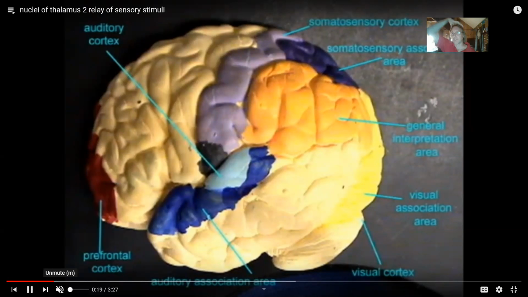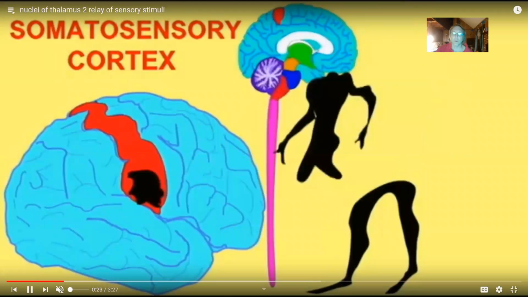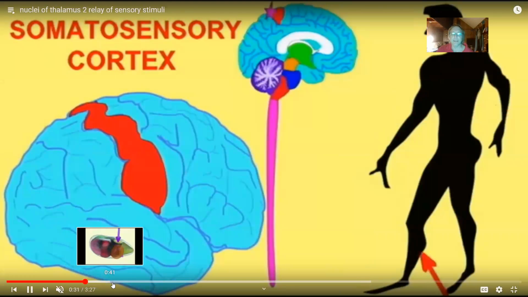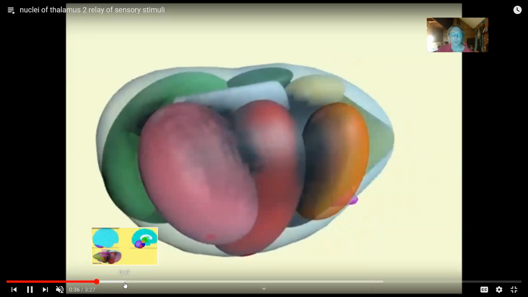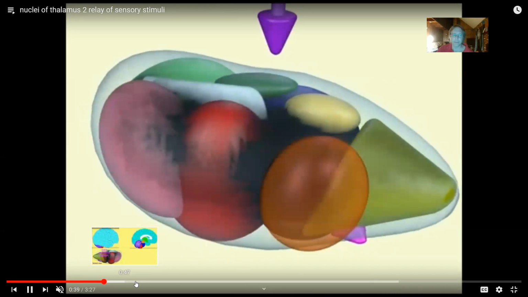Well, in any case, the cerebrum has to be told. And so there are then tracks which then go to this somatosensory cortex, which must pass through the thalamus in order to get there. And so there are two tracks I'd like to begin with.